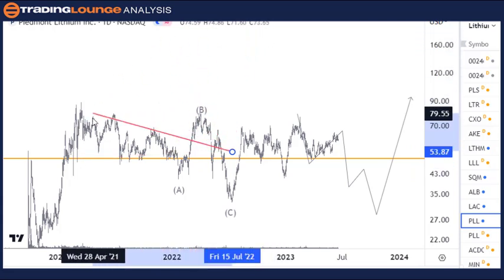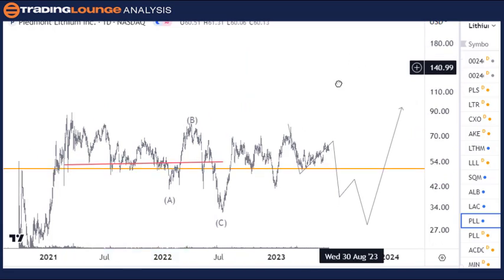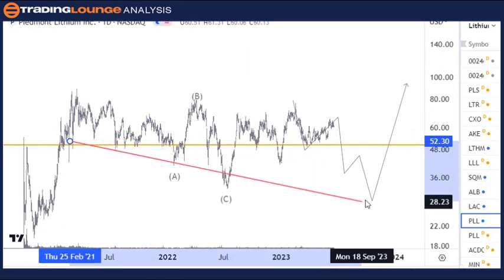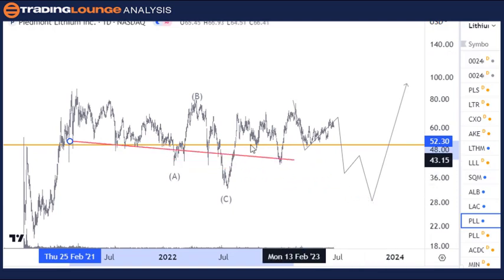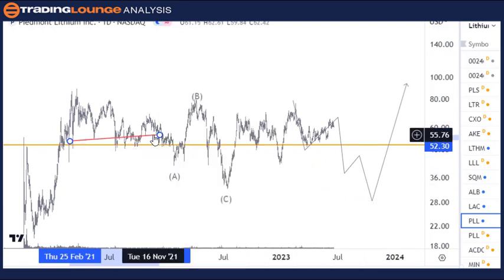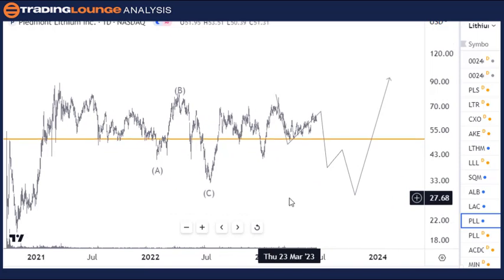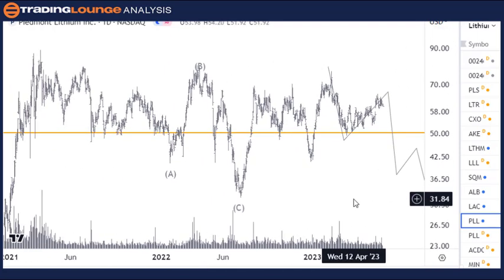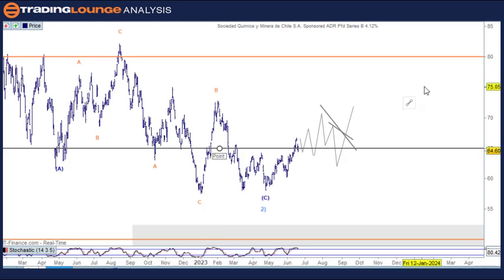So we're looking up at $200, $150, somewhere up here. And if this is all corrected over to this point here, then we're definitely going to 200. So squaring time and price, Richard Wyckoff was the one that discovered that relationship. So that's Lithium at that point. So that's that done there.